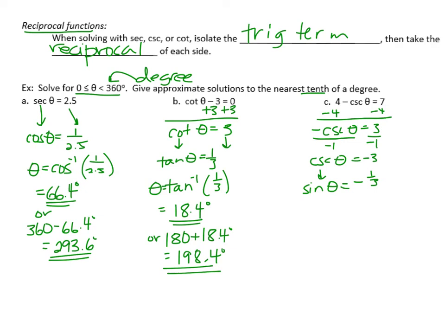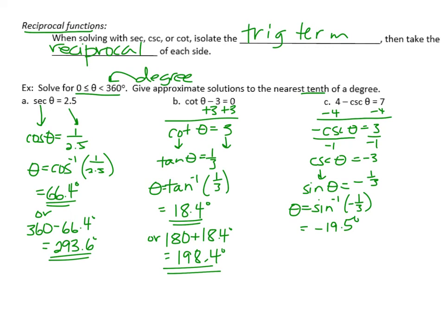All right, now that we have our traditional kind of basic trig function, take its inverse. And some of you may already be thinking, if we have a negative, it might give us a unique answer. And it does. If we take sine inverse of -1/3, we're going to get negative 19.5 degrees.